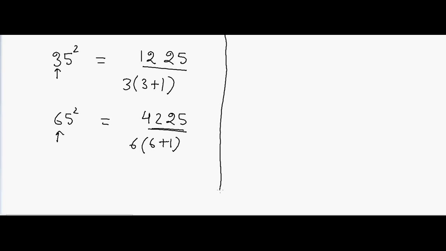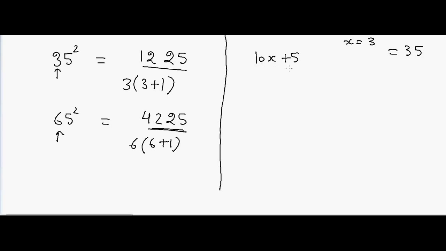So how this trick works, let's look into that. Suppose we have any number which ends with 5, so that number can be written as 10 into x plus 5. So here suppose if x is equal to 3, then this number will be equal to 35, right?